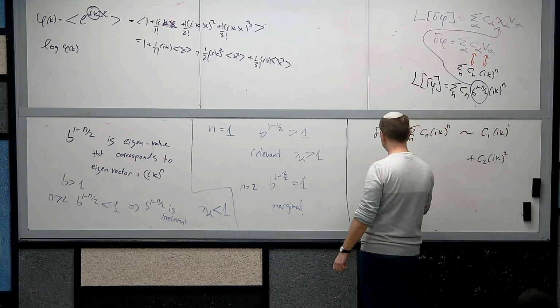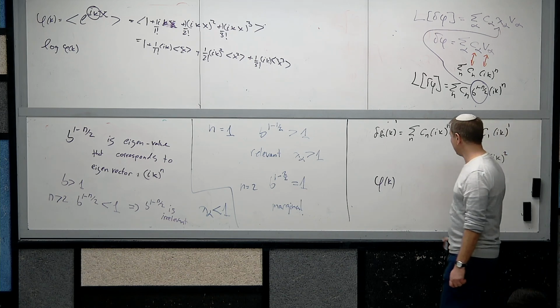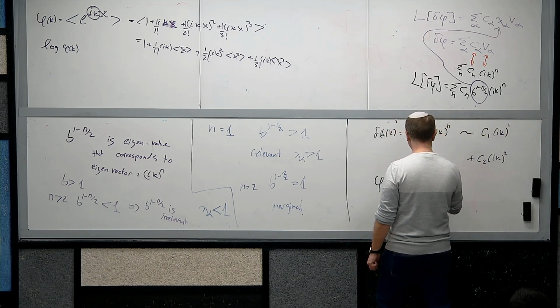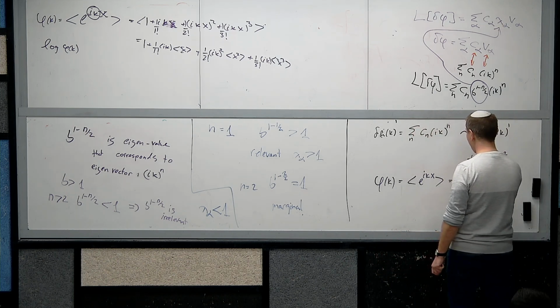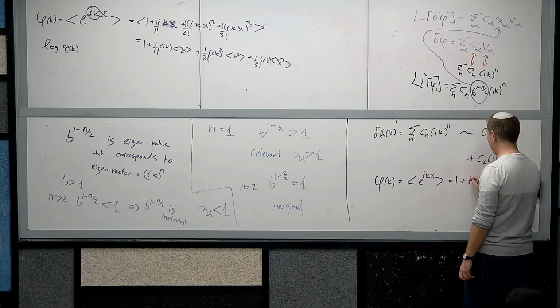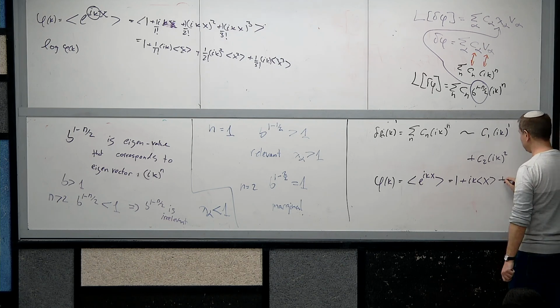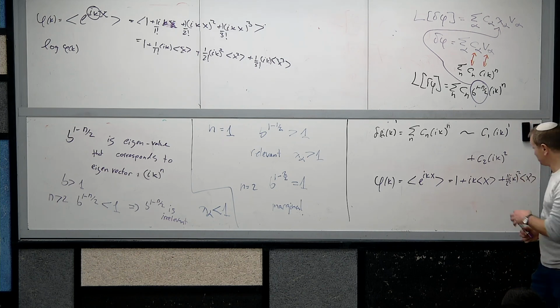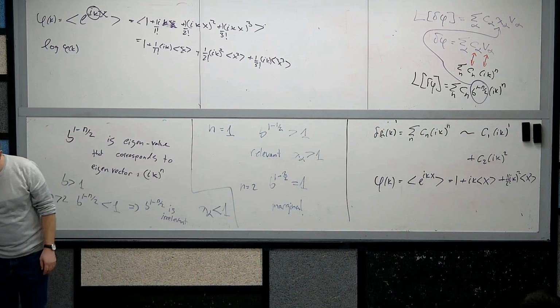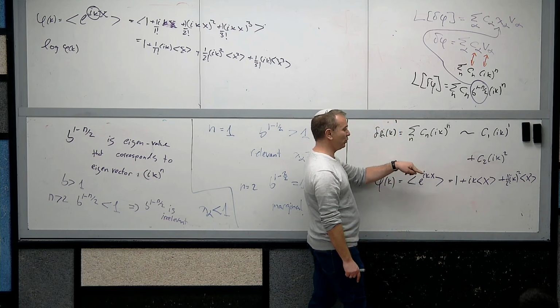So if we have phi of k, which is e to the power i k x average, and I make this expansion, which is 1 plus i k average of x plus 1 half i k squared the average of x squared, I'm looking for what is C1 and what is C2.